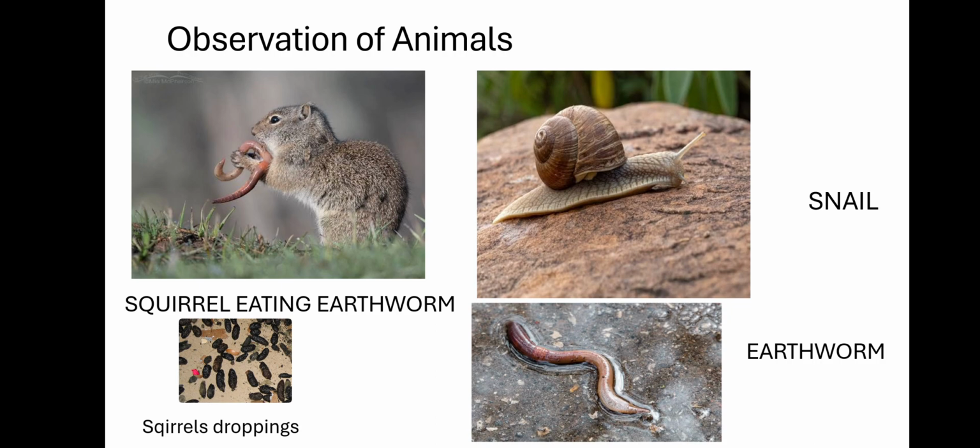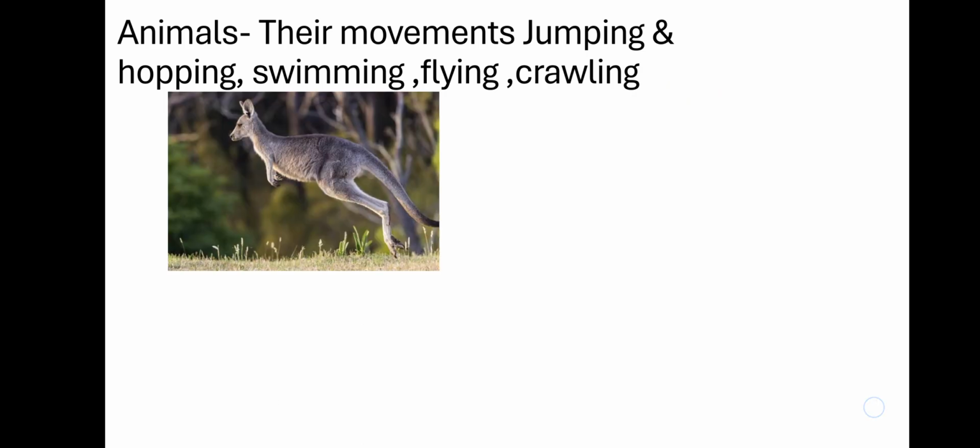Then the earthworm. In rainy season, the earthworm comes out and it can show this movement. Animals, their movements: jumping and hopping, swimming, flying, crawling.